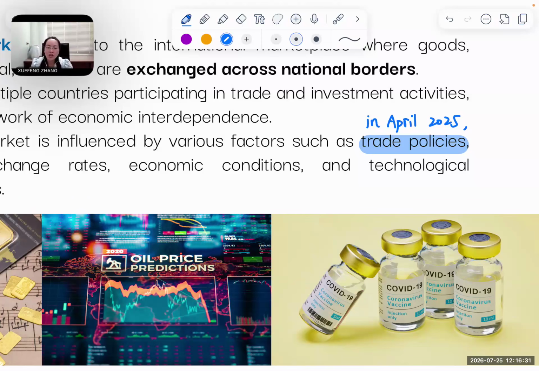So Thailand got hit with 36%, meaning every Thai product sold to the US suddenly cost 36% more for American buyers. If Thai goods just got 36% pricier in America, what happens to Thai exports?